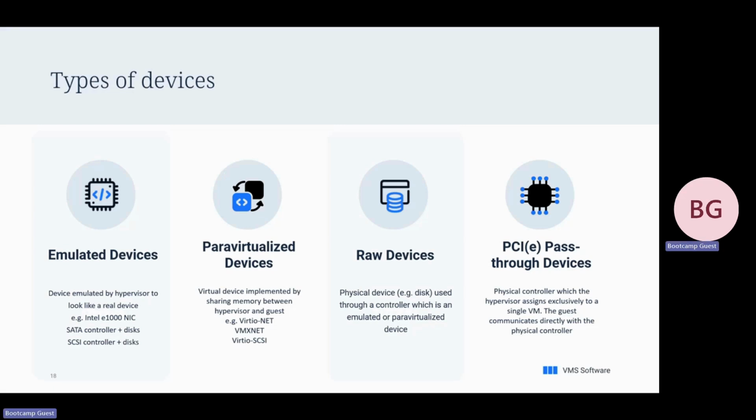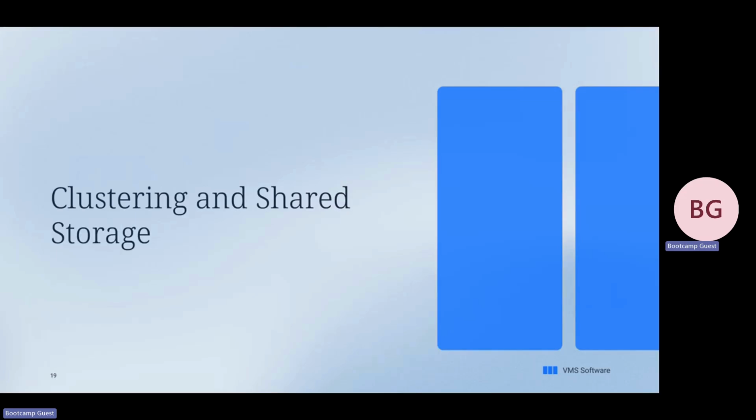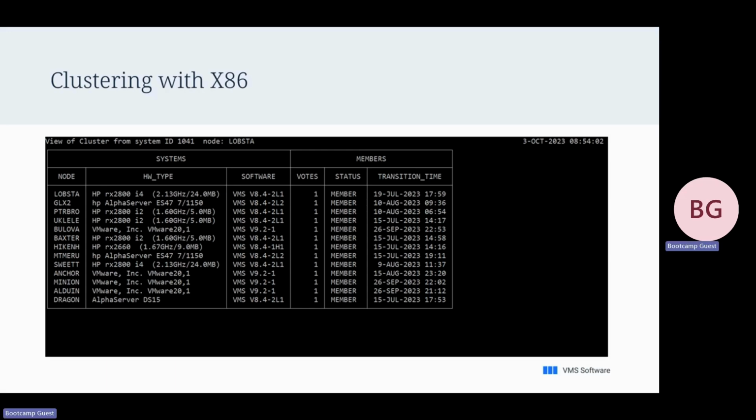And that brings me to clustering and shared storage. So this is back in the version 9.2.1 days. This screenshot was taken. So this is a cluster that has alpha, titanium, and x86 nodes in it. In fact, this is our main development cluster, XVMS, where the base operating system is developed.